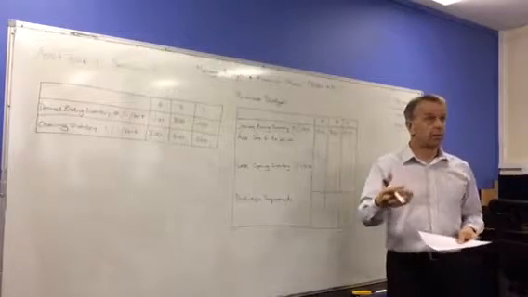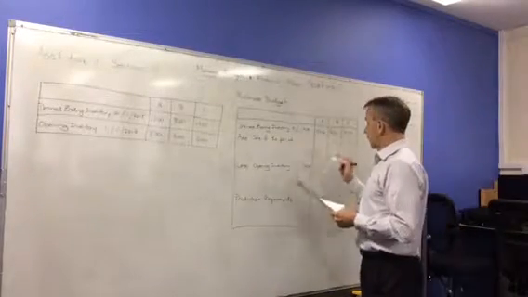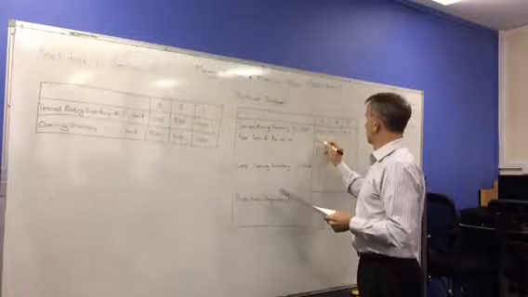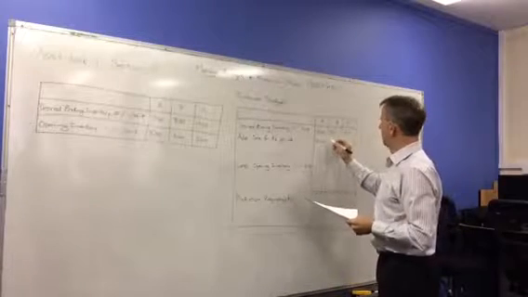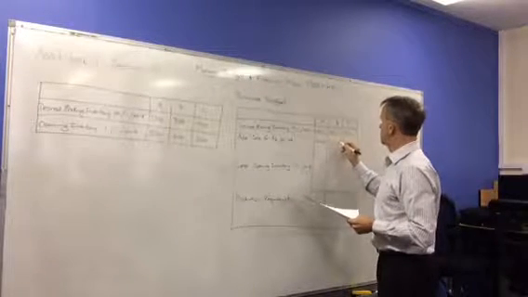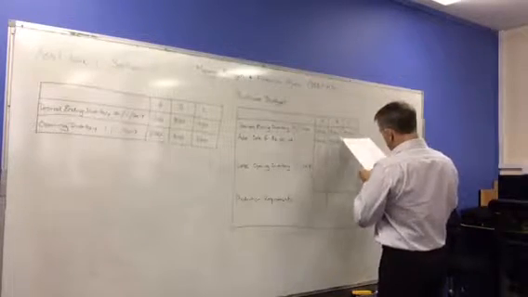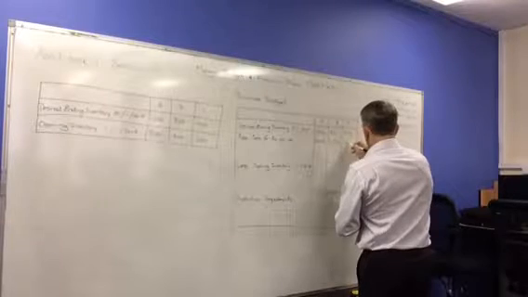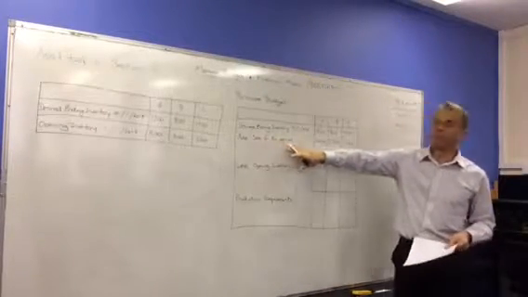But it's on video for you, and it's in your lecture notes and so forth. So the total for product A was 3,000. The total for product B was 5,500. And for product C, we've got 5,600. So that was the sales for the period.